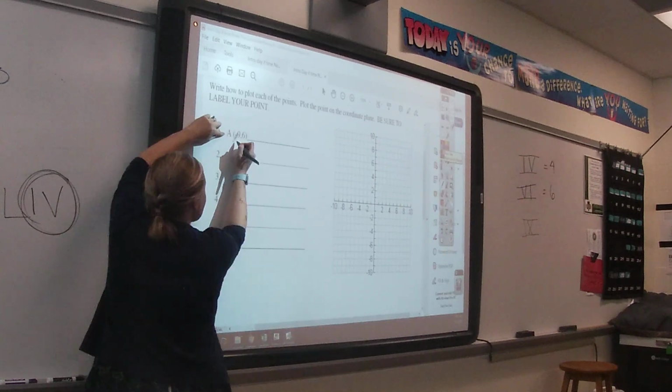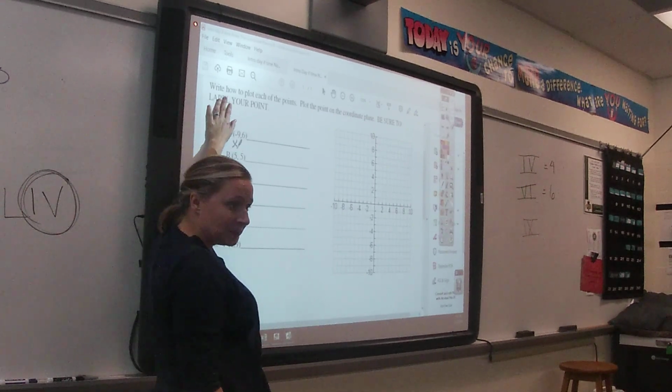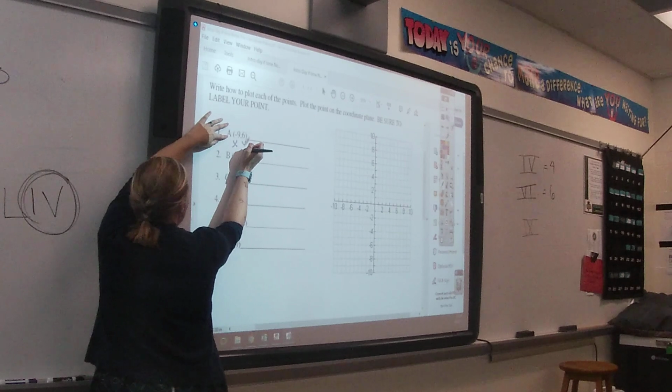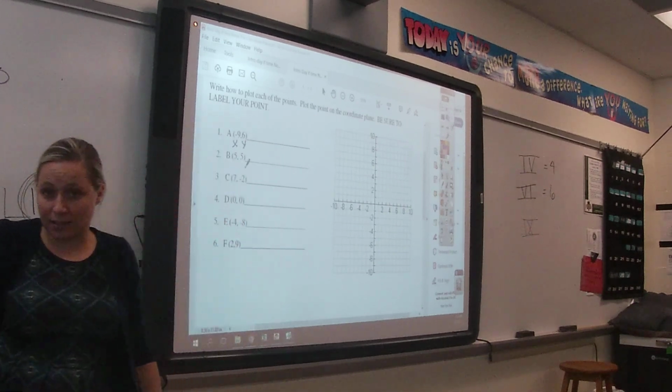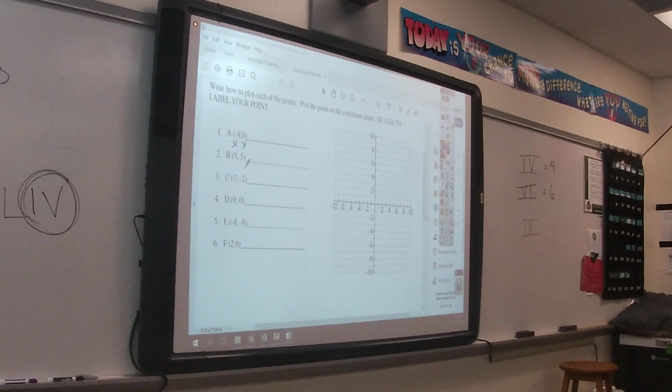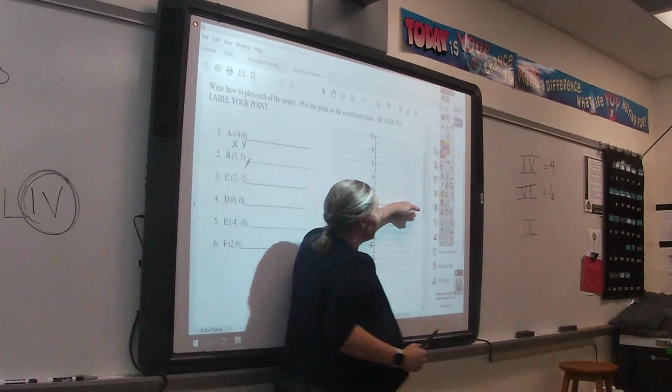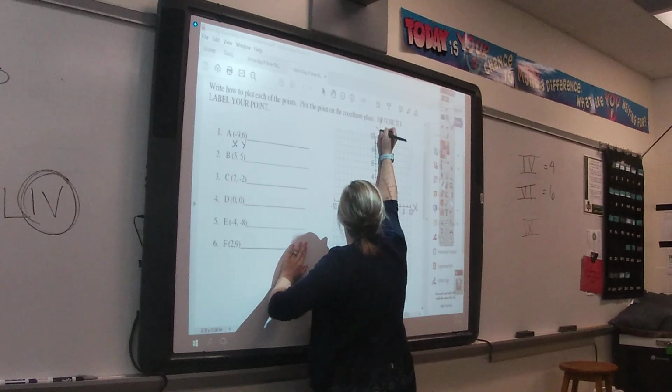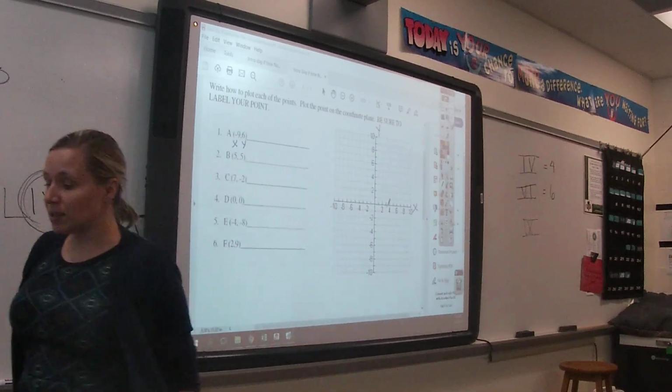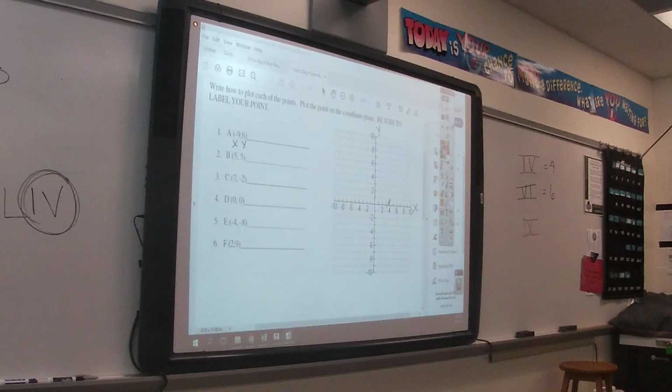We need the X value to be -9, and we need the Y value to be +6. Okay, so we said the X-axis is this one, and our Y-axis is the vertical one.